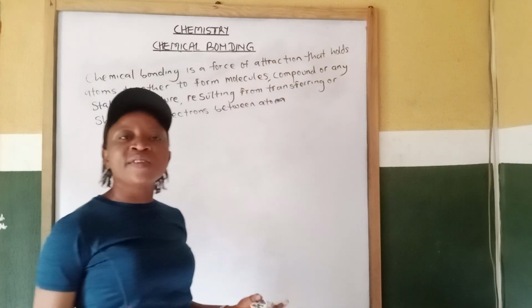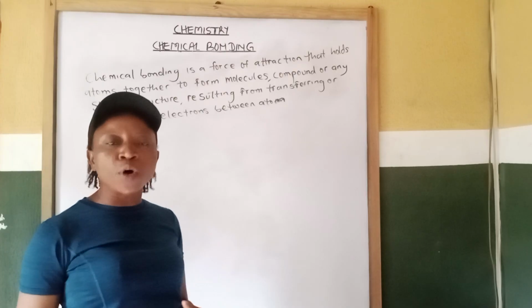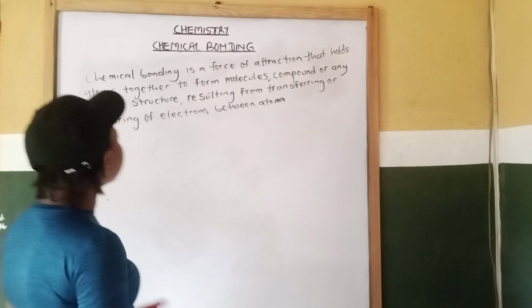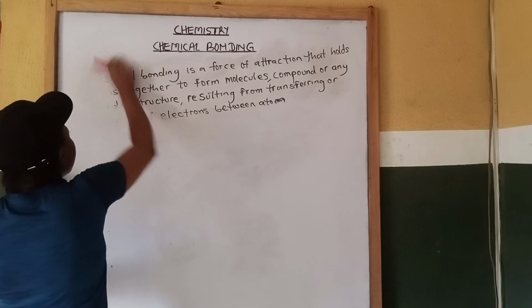Like I said, the reason why two or more atoms come together to form a chemical bond is for stability. So let's move to types of chemical bonding.